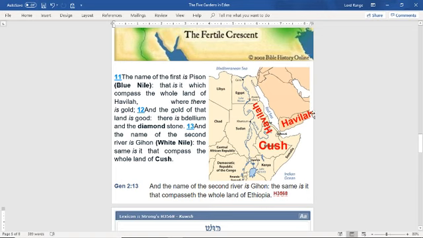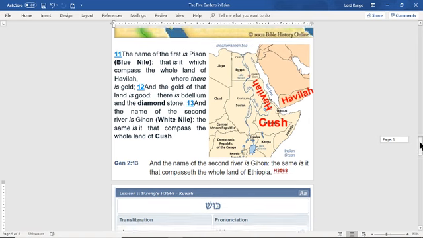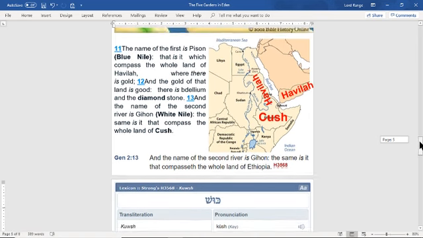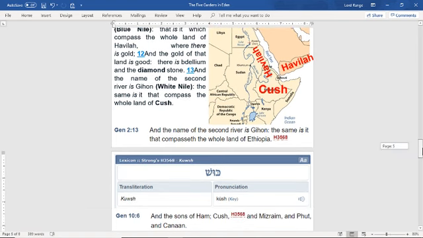You have them in Saudi Arabia, and they migrate back up to the Fertile Crescent here in what is called Mesopotamia. And again, even Babel, because Nimrod was the first king in Babel, and that's a descendant of Cush. So this map is making perfect sense. We have the land of Cush, we have the land of Havilah, not Ethiopia.